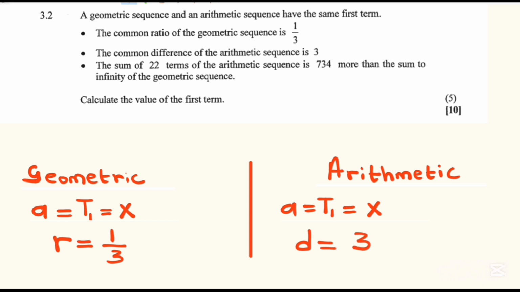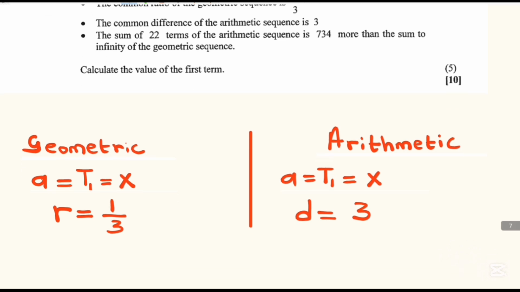And we are told that the sum of 22 terms of the arithmetic sequence is 734 more than the sum to infinity of the geometric sequence. The instruction doesn't say that they are equal.